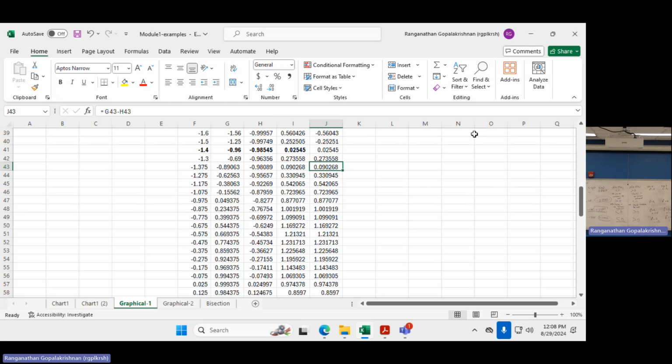It's better than what you said, but the graphical answer itself is approximate. We said minus 1.4, right? But we didn't even know if that is the best answer we could get. We could keep on doing more accurate answers there also. So that also is not a good way to stop. What else can we do to come up with a rational stopping criterion of when to stop doing these iterations?